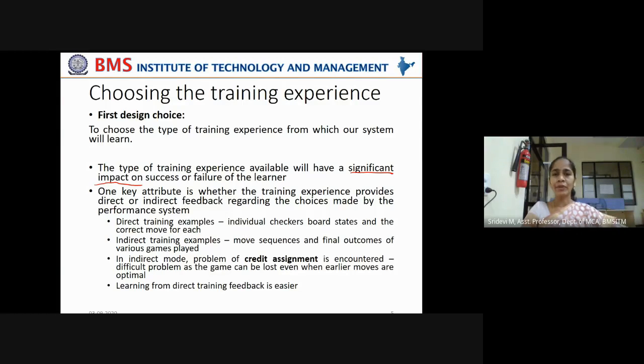The type of training experience available to a system or a person will have a significant impact on the success or failure of the learner. Here the learner is a system, but I'm applying this to a human learner so that you will understand it better. The success or failure of the learner will depend on the training experience we provide to it.